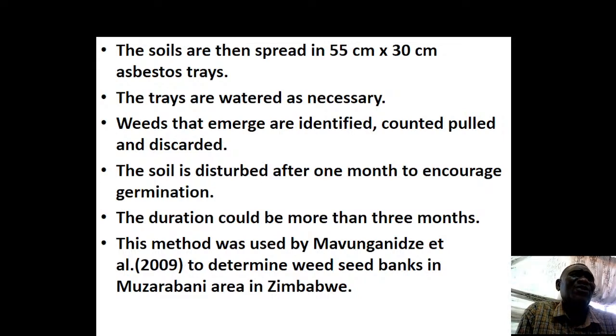What you simply do is to count weeds which are emerging, identify them, and record them. You pull them and remove them from the trays, and you have to wait until you get more weed seedling emergence. You can also disturb the soil after 1 month to encourage germination.